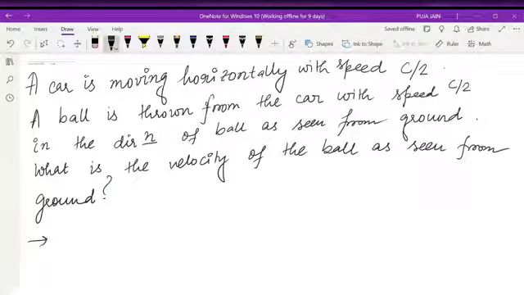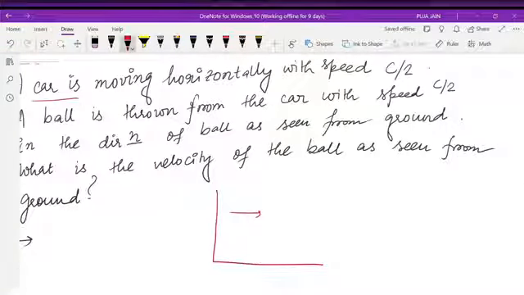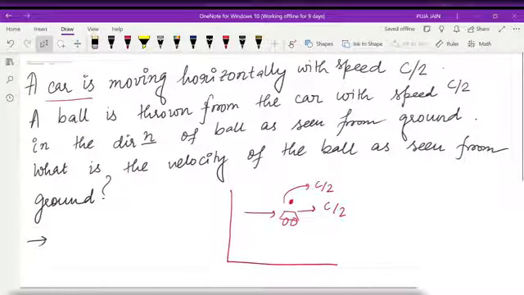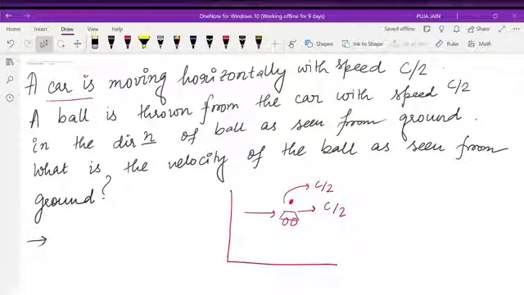So this question is regarding our velocity addition formula. See, a car is moving horizontally with speed c/2, and a ball is thrown from the car with speed c/2 in the direction of the car's motion. What is the velocity of the ball as seen from the ground?